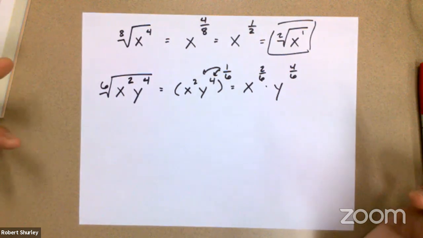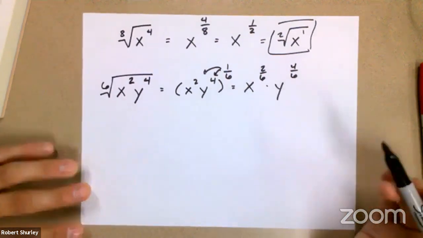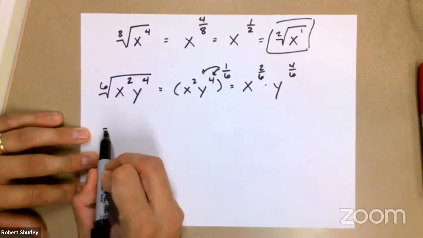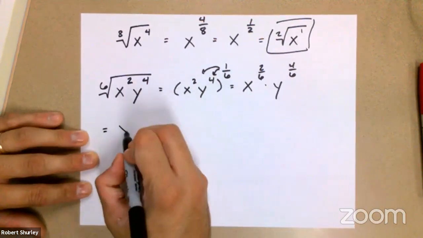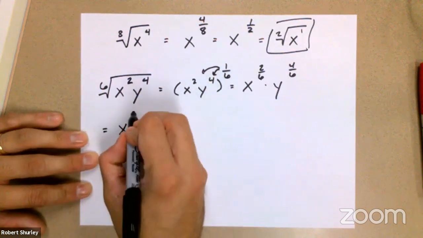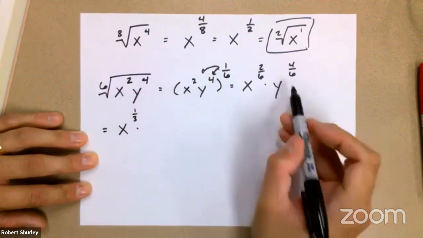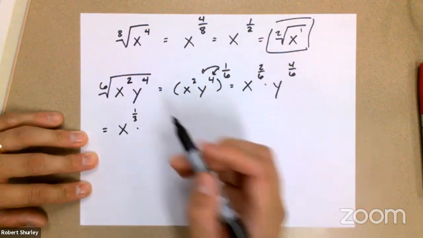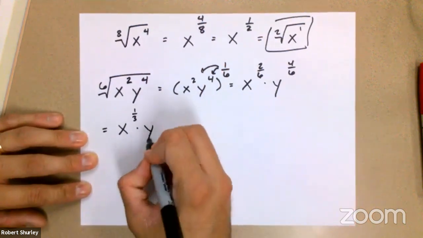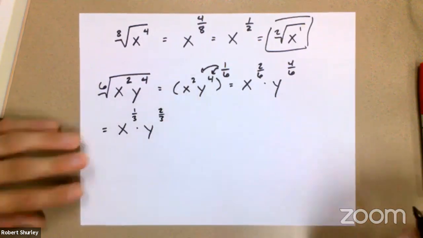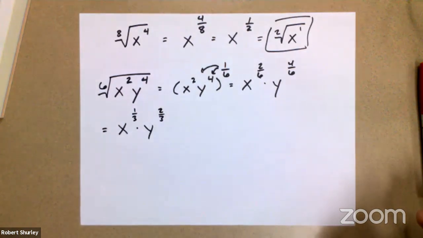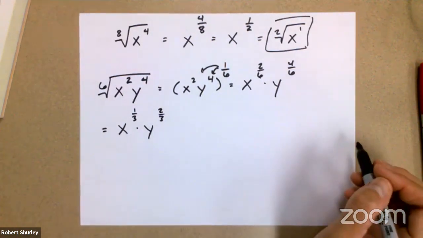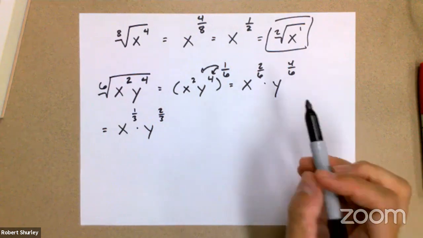Questions? Making sense? Now let's simplify each one of these fractions here. So if we simplify the fractions, 2/6 becomes 1/3, right? Because you can divide 2 on top and bottom. 4/6 becomes, not 1/3, but 2/3, right? Because you can divide 2 on top and bottom. And now here's the crazy part to think about.